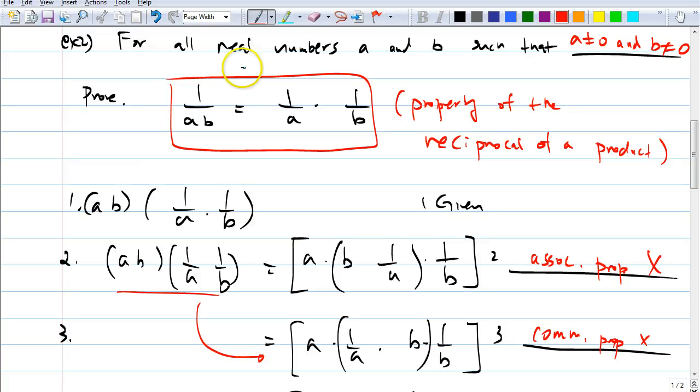So if they ever have a step that goes from 1 over AB to 1 over A times 1 over B, you could actually write down, instead of all these properties that we learned, the property of the reciprocal of a product as the reason. Do you see what I'm trying to say? So if they ever have a step where 1 over AB becomes 1 over A times 1 over B, what are you going to write down for your reason? Property of the reciprocal of the product.